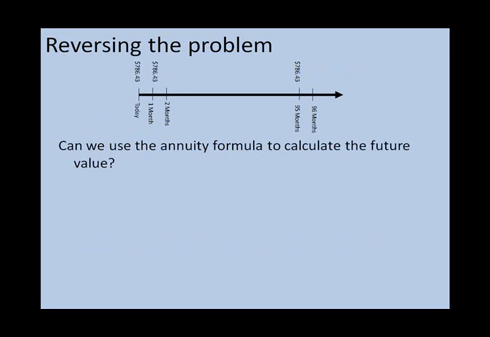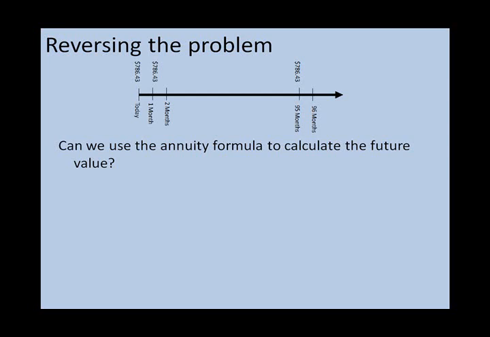We've seen a similar problem before, and we know the first thing we have to do is calculate the present value of this stream of cash flows that our parents are making. Can we use the annuity formula to calculate the future value? Well, first of all, we know that annuity formulas calculate the present value, not the future value.